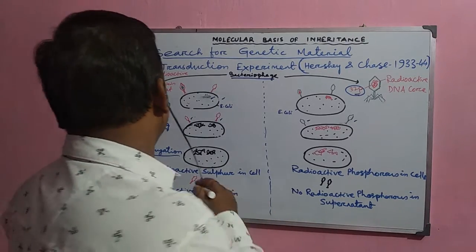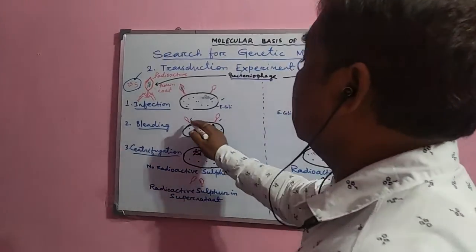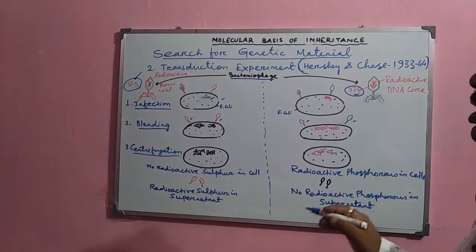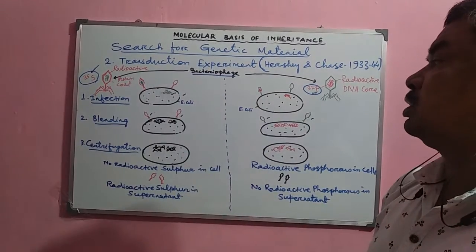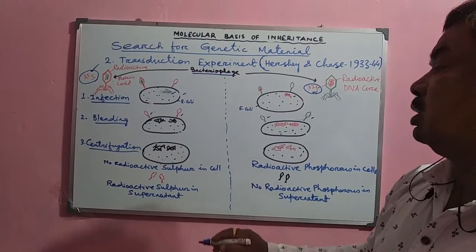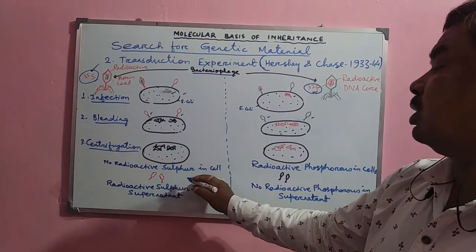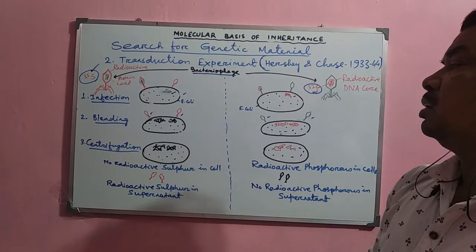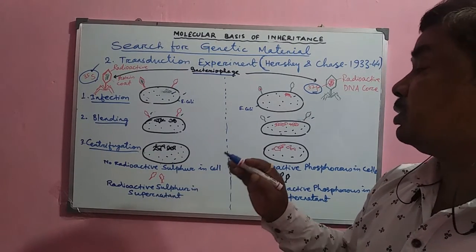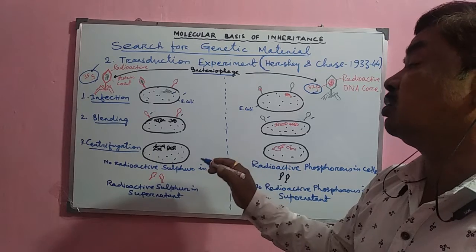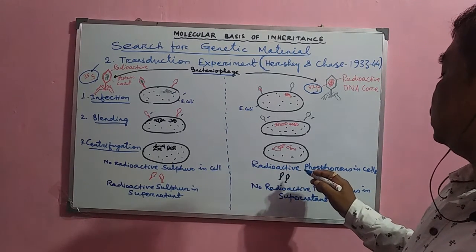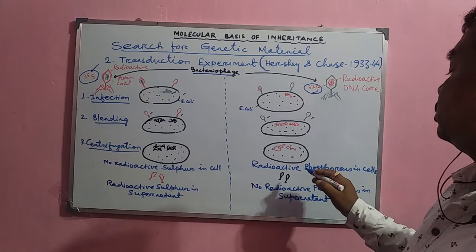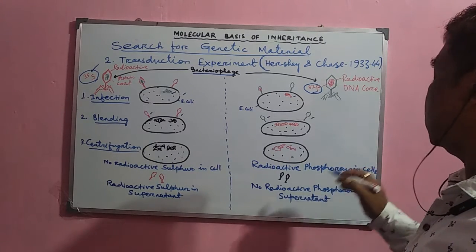The supernatant contains the outer substances of the cell, and the supernatant of the first culture medium has no radioactive sulfur in the cell, but in the second, the radioactive phosphorus is in the cell.